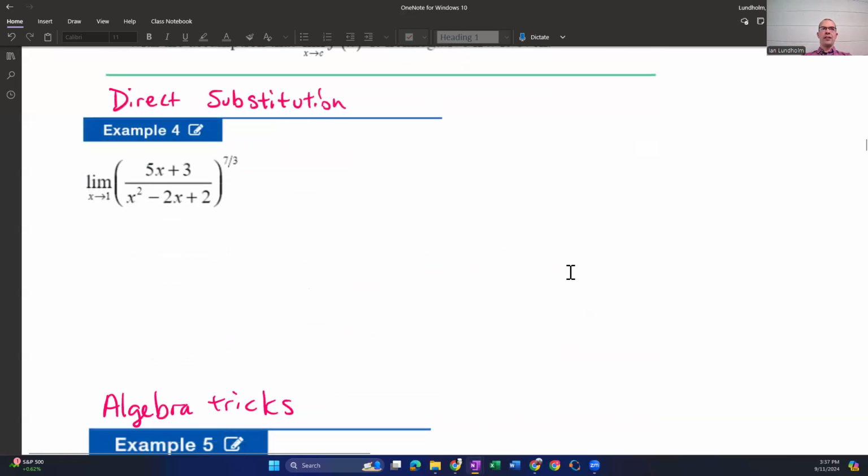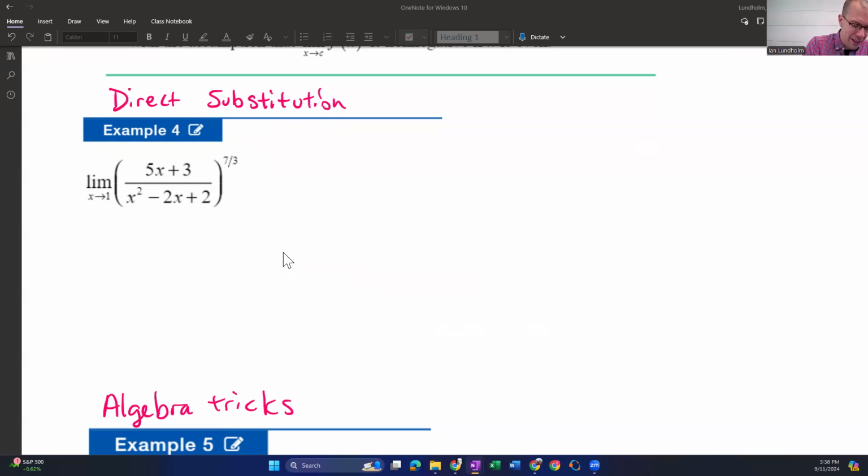And now we can utilize those to do direct substitution on some things. So if we were given this limit, we've got a rational function there. We know that rational functions are continuous on their domain, and we've got some kind of rational power on the outside of the rational function. All of this should work with direct substitution.